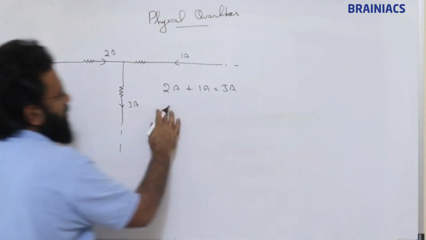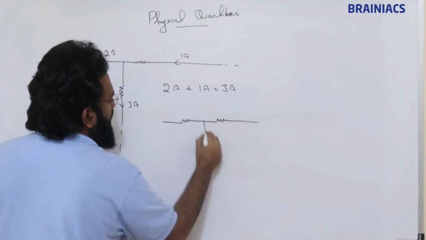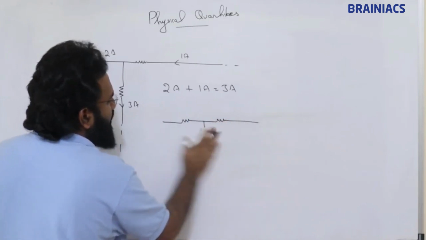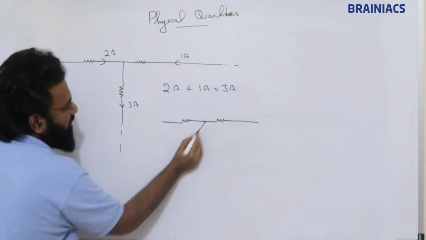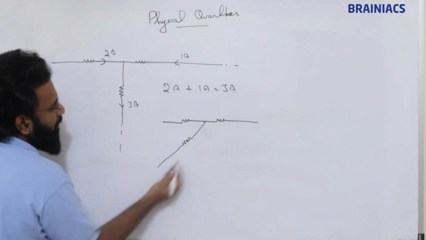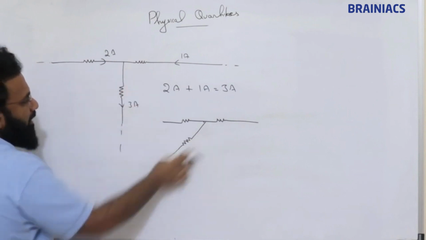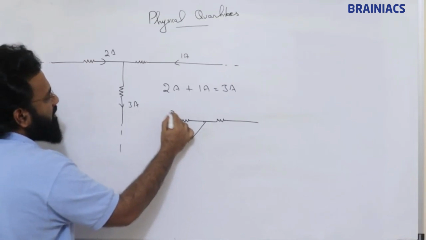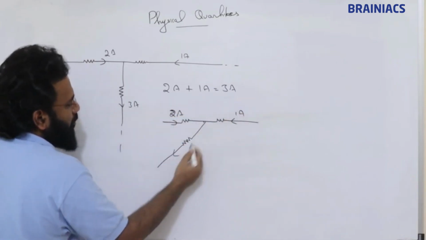So see, suppose we change the direction of this branch or this segment like this, and this is 2 ampere, this is 1 ampere, what is this going to be?